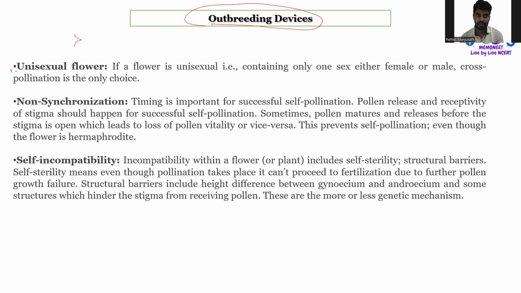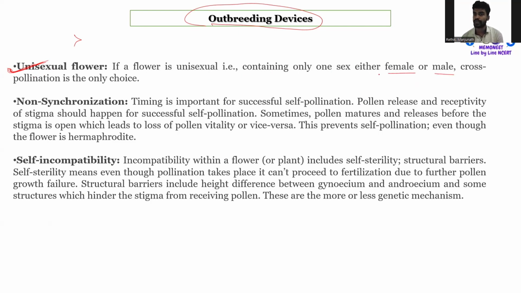The first one is the unisexual flower. In order to overcome self-pollination, flowers normally are unisexual. Unisexual flower means one flower has only one sex, either male or female.